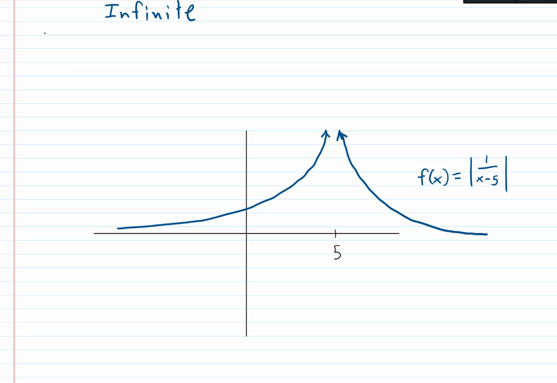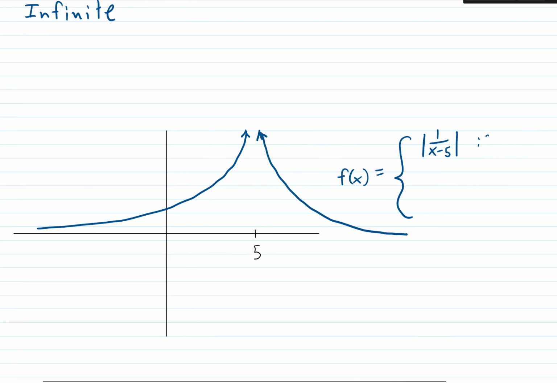Now, if I made a new function that looked like that, except also, like what if I did this here? Oh, I need to move this over so you can see it.